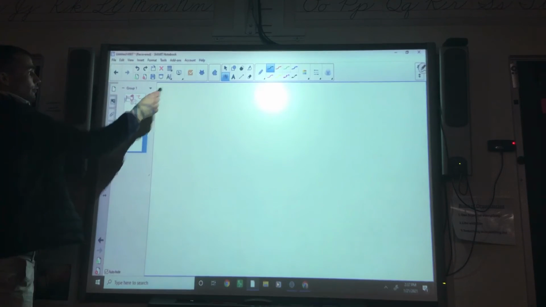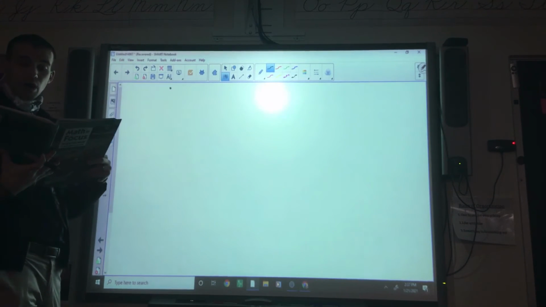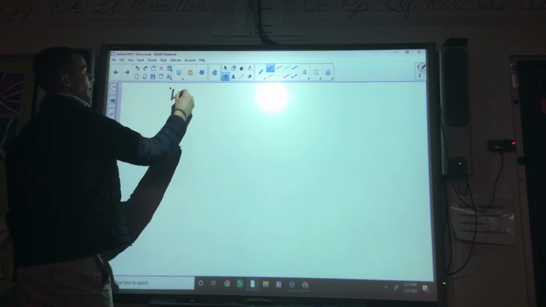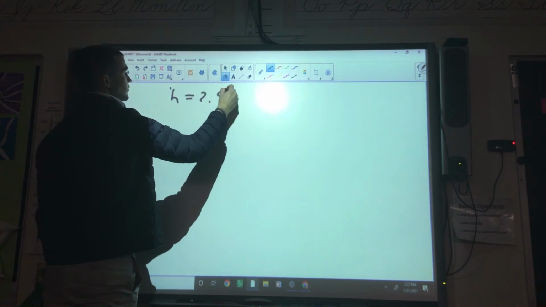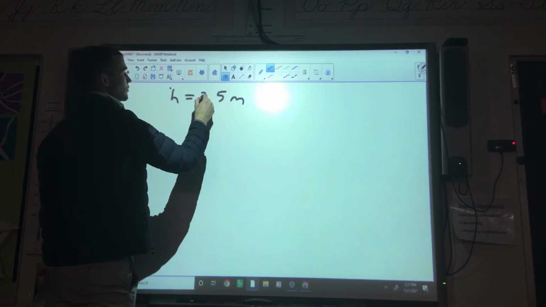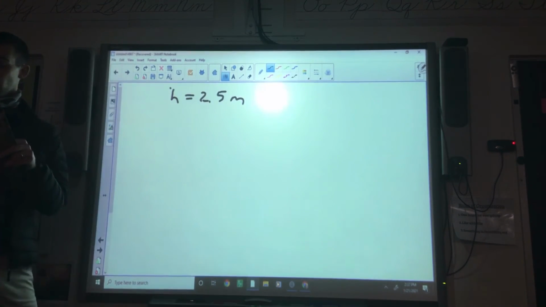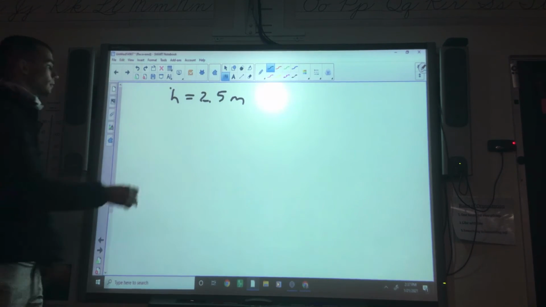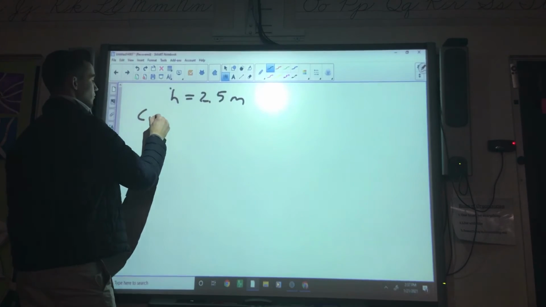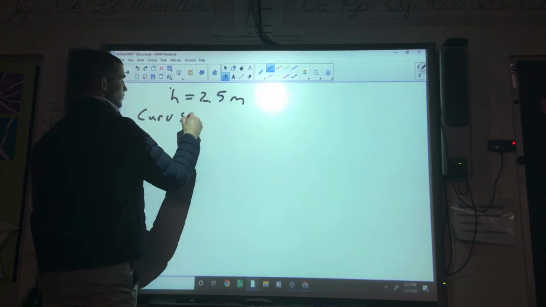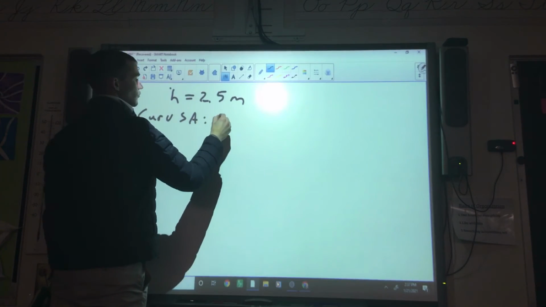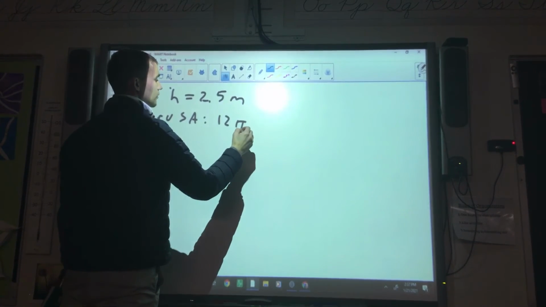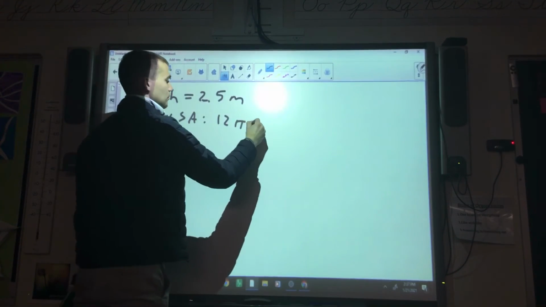No. So if we write in, hey, what do we know? We know the height is what, 2.5 meters? Yeah. Do we know anything else? This is 12 pi square meters. 12 pi square meters.